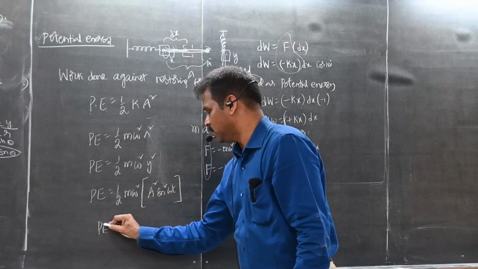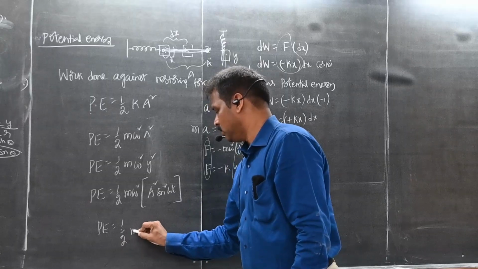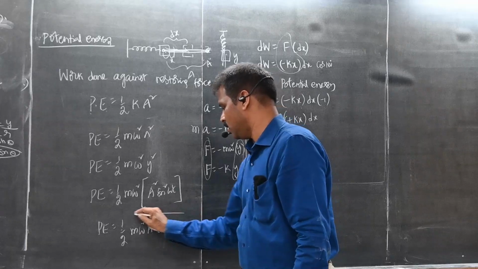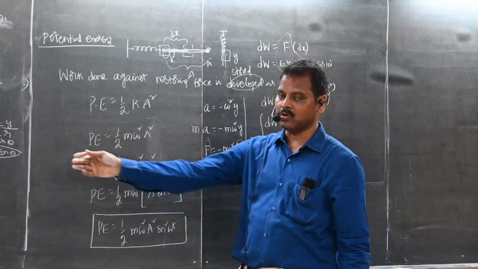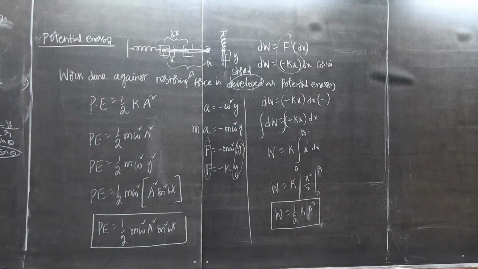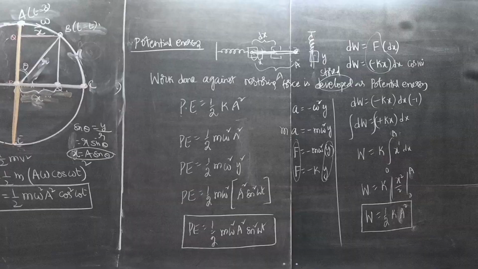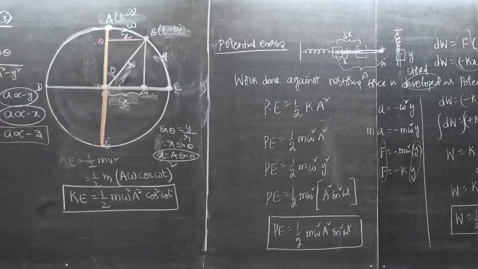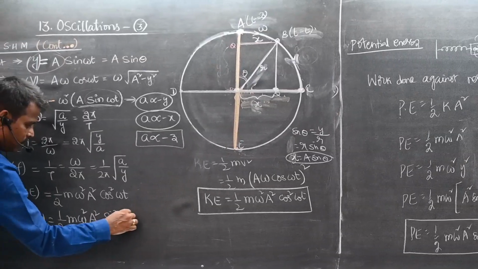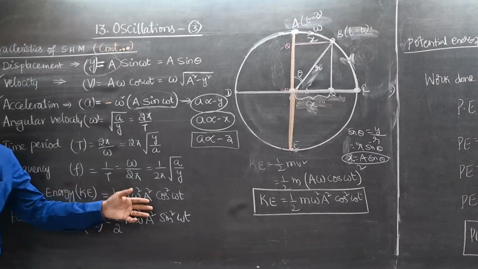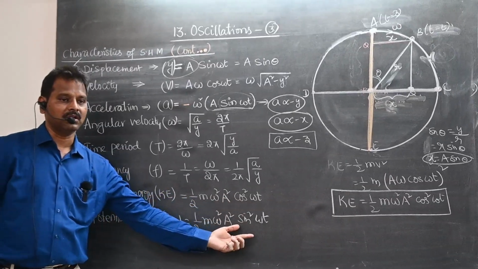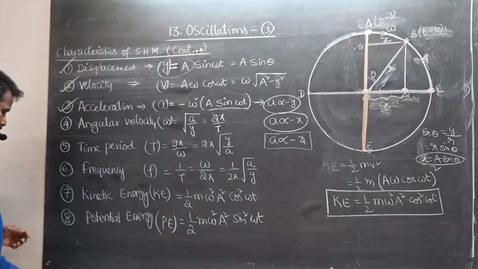So the potential energy is half m omega square a square sin square omega t. There is no difference between this and the kinetic energy expression; only that one is a cos square function and this is a sin square function. Remaining everything is the same.